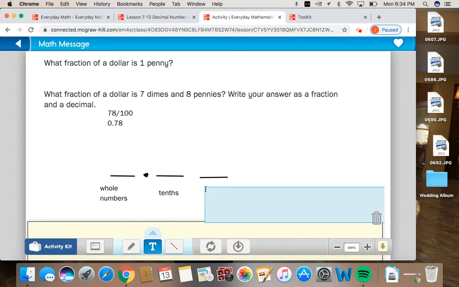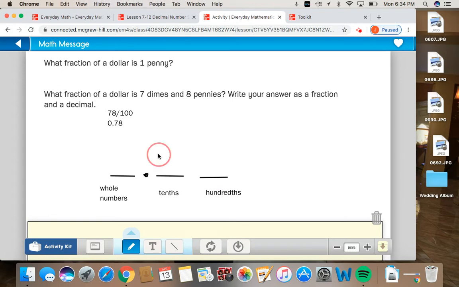And over here, I have my hundredths place. My whole numbers, and I don't have any. I have 0. I have 7 tenths, which was my 7 dimes. My tenths are dimes. I have 7 dimes, and I have 8 pennies. My hundredths are pennies.